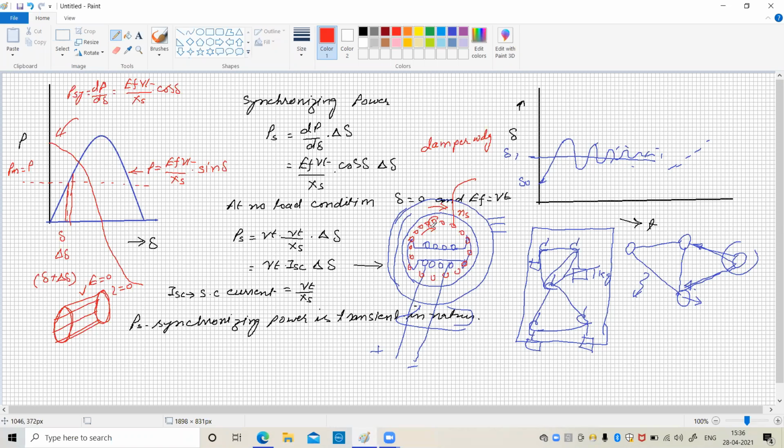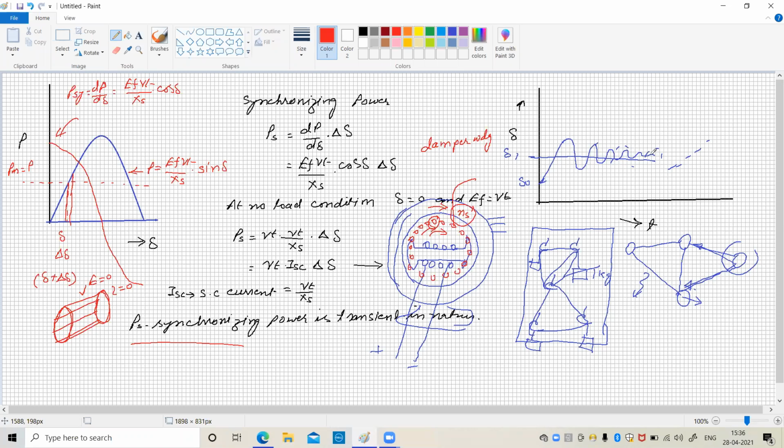And the EMF is induced in such a way that it opposes the cause of its production. And what is the cause of its production? The cause is the relative motion between the synchronous speed of the magnetic flux and the rotor speed. Hence, it tries to die out the oscillation. Therefore, whatever power is developed is nothing but the synchronizing power, and this synchronizing power tries to die out the oscillation in the system.